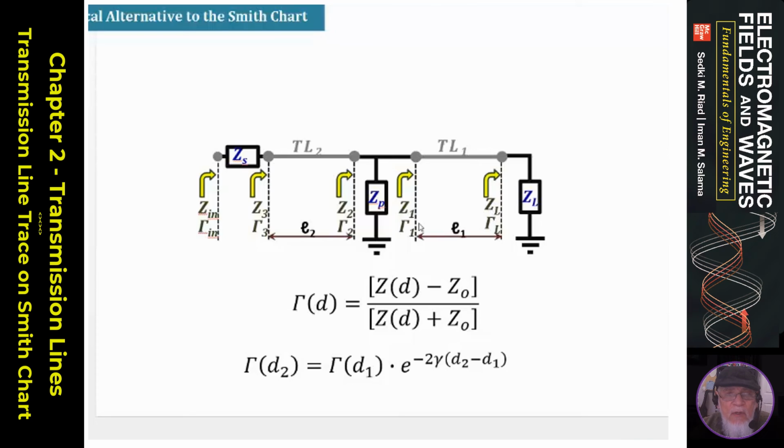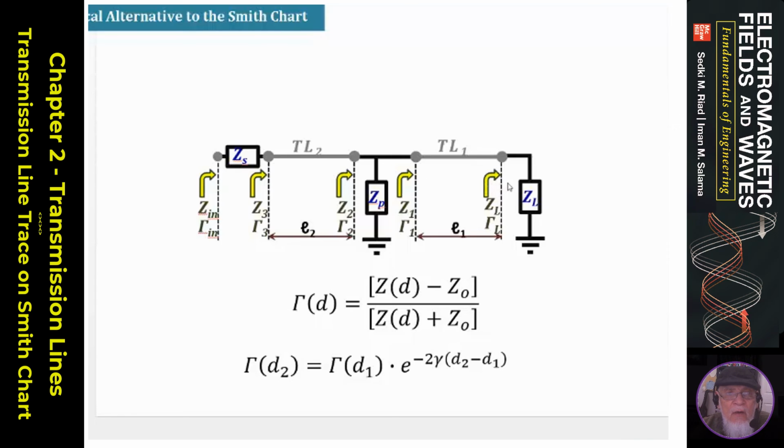Now I know gamma at L, I need to get gamma at 1. So I use the second equation. The location L is number 1. The location 1 is actually number 2. Just a matter of notation. So to get gamma at this location, which is gamma at D2, which is gamma 1, is equal to gamma L e to the minus 2 gamma times the difference between the D's.